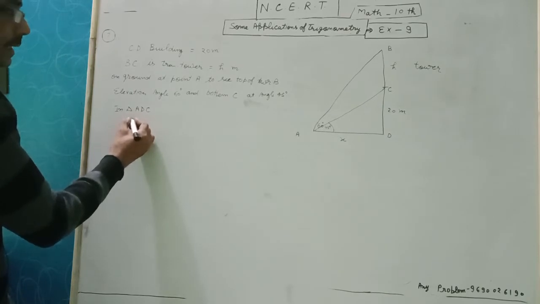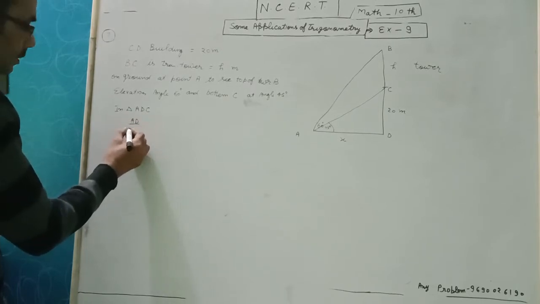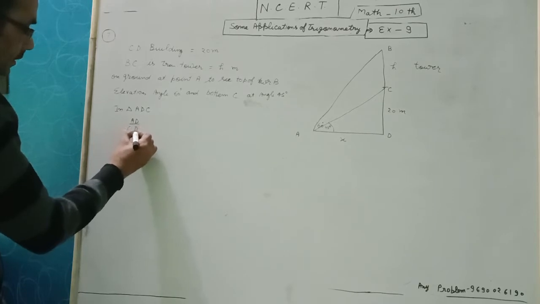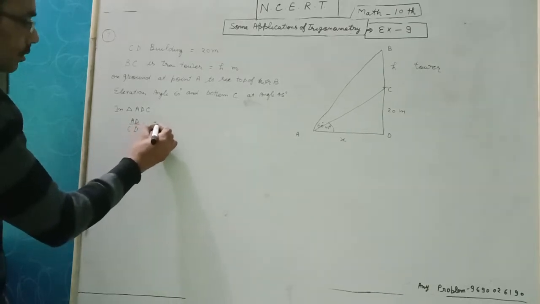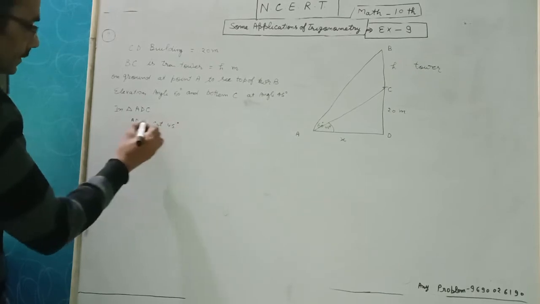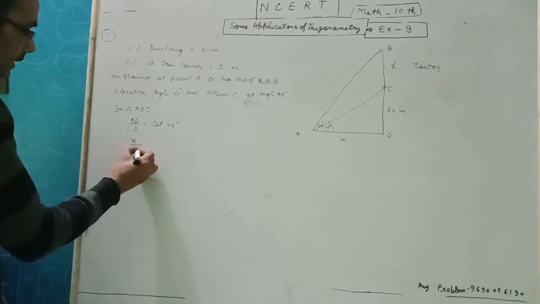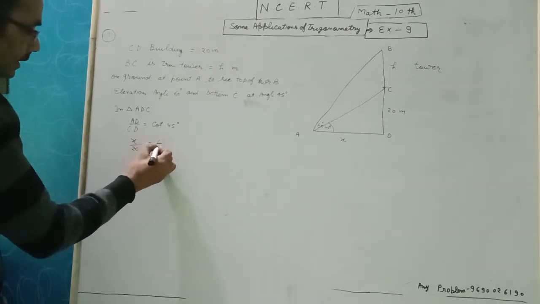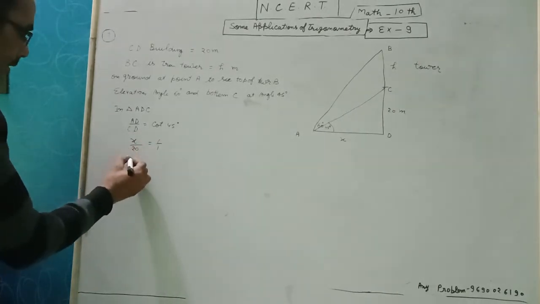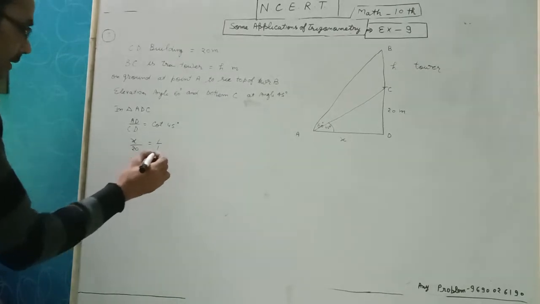So we find AD upon CD is equal to cot 45. AD is equal to X, CD is equal to 20, cot value is equal to 1. After cross multiply, X is equal to 20 meter.